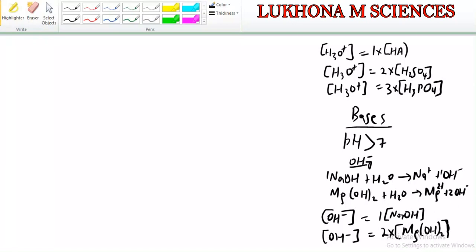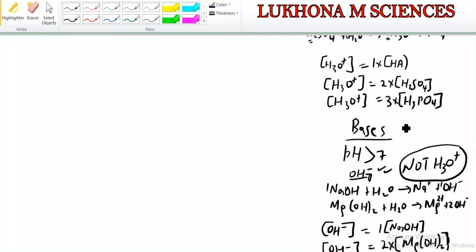Then we calculate whatever we are given. When we are given a base, you will get OH minus, not H3O plus. H3O plus defines the acid.